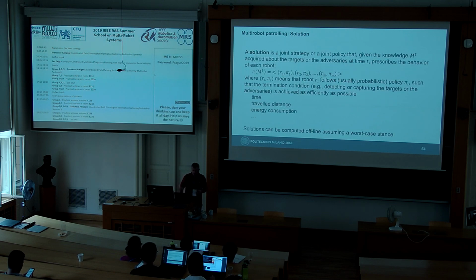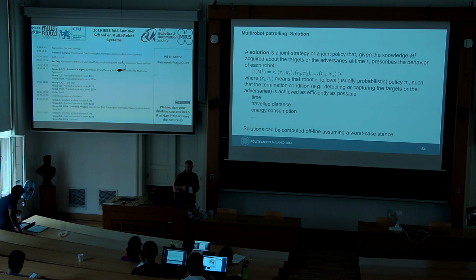So a solution in this case is basically a joint strategy or a joint policy, one policy for each robot, that can be revised at each time step according to what I know that is collected in this MT, okay? According to what I have observed about what the opponent can do.